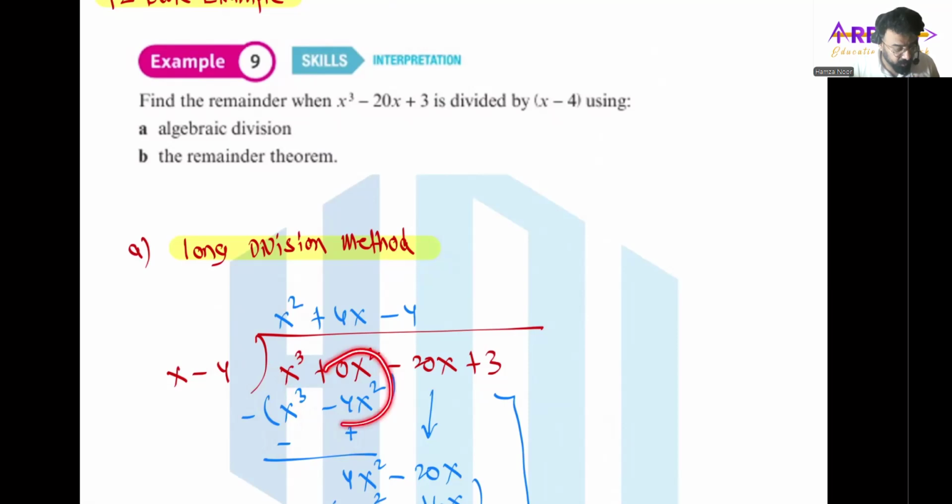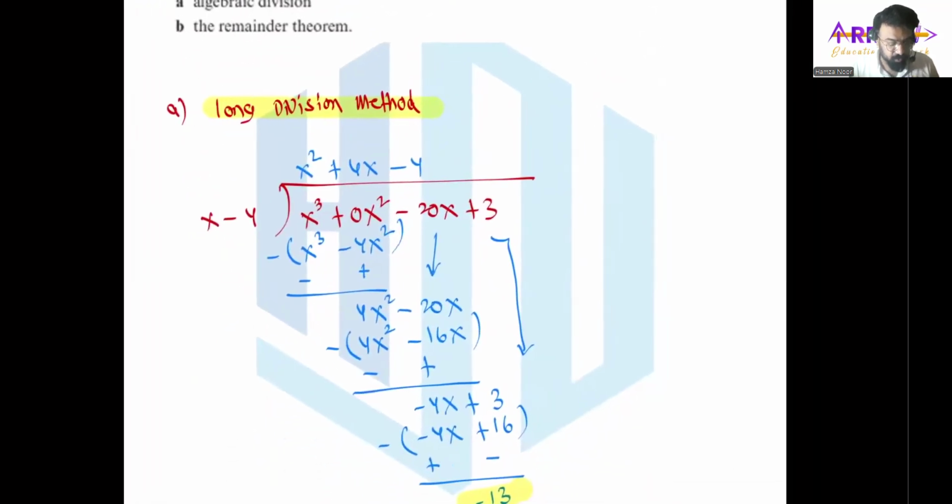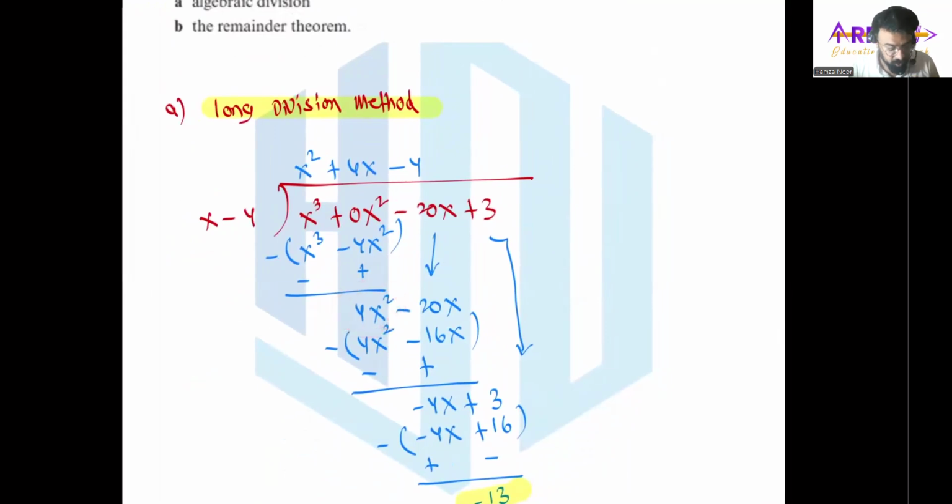And 0x square plus 4x square will give you 4x square. And then you are going to write minus 20x as it is. And in the same way, you are going to continue the comparison. As you can see that you have two terms exactly over here, and here you have two terms exactly. So you are going to continue the same comparison until you get the remainder.